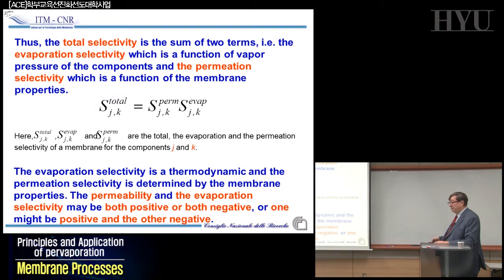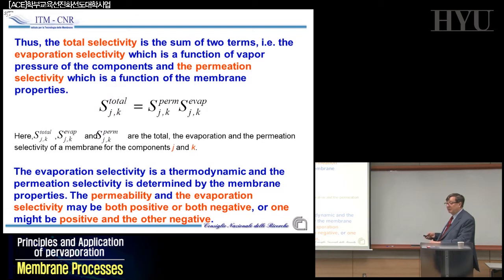This is important because the relationship between these two can be totally different depending on the properties of your membranes. Depending if you want to separate, for example, water from alcohol, or different components which can be hydrophilic or hydrophobic in your membranes.